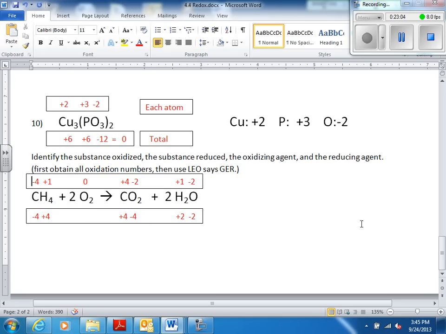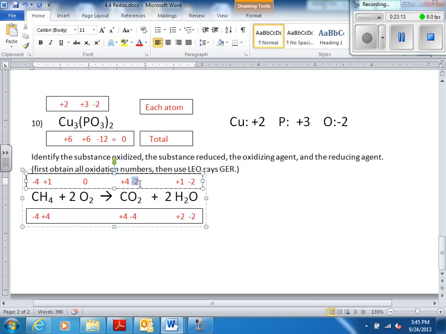Okay, now I have to figure out these pieces right here. So oxygen went from 0 to -2. That got reduced. Notice if your oxidation number decreases, like that word reduce, decrease, you also gained electrons.